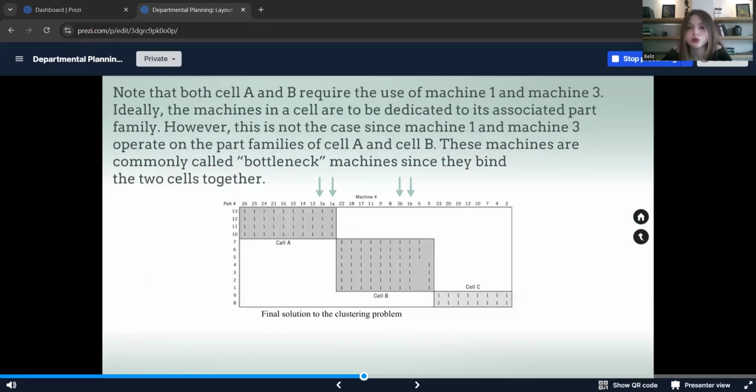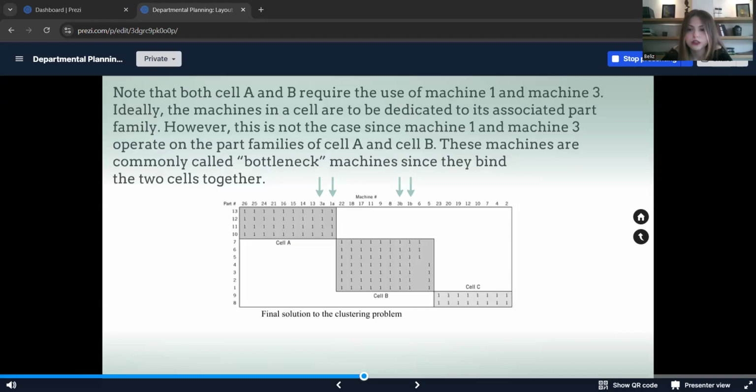But you should note that both cell A and cell B require the use of machine 1 and machine 3. Ideally, the machines in a cell are dedicated to its associated part family. However, this is not the case, since machine 1 and machine 3 operate on the part families in cell A and cell B. These machines are commonly called bottleneck machines, since they bind the two cells together.